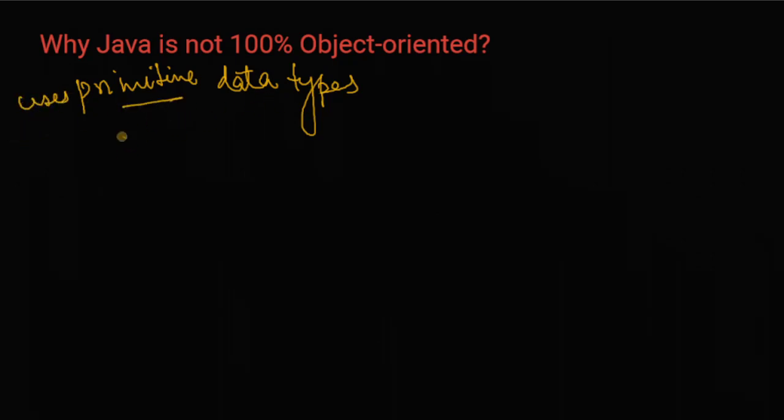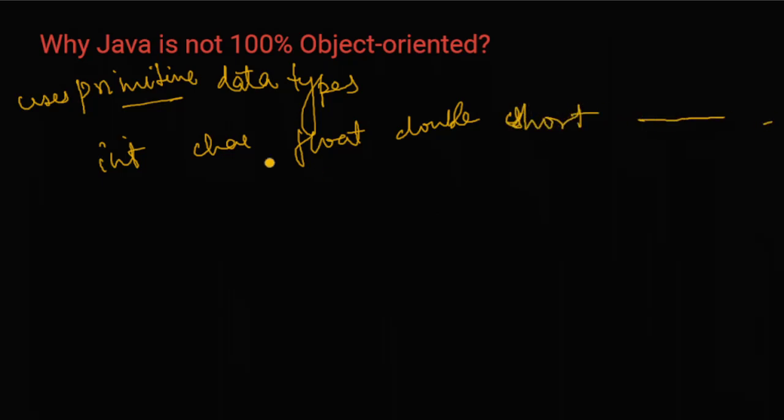What are the primitive data types? Like int, char, float, double, short, and many more. So these are the types that we use. That is why it doesn't work totally on objects. It uses these data types. So that makes it not a pure object-oriented language.